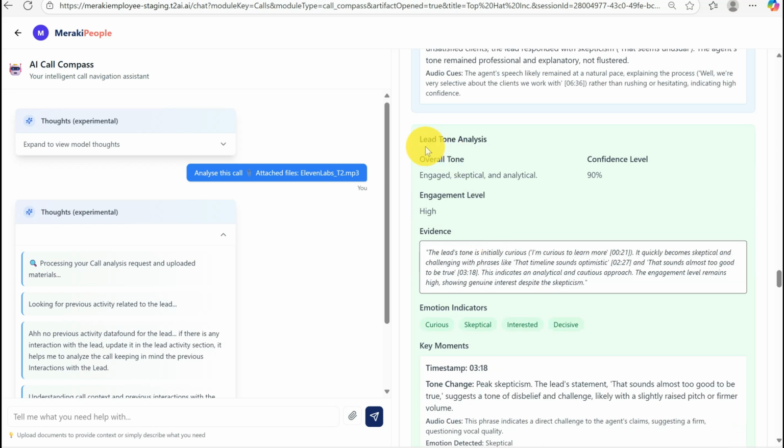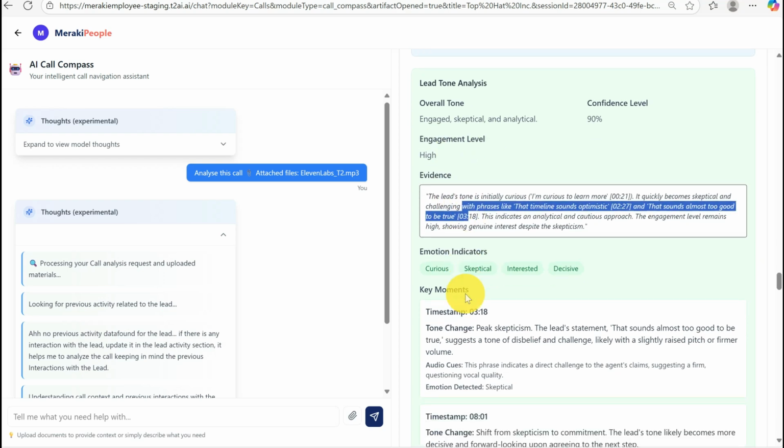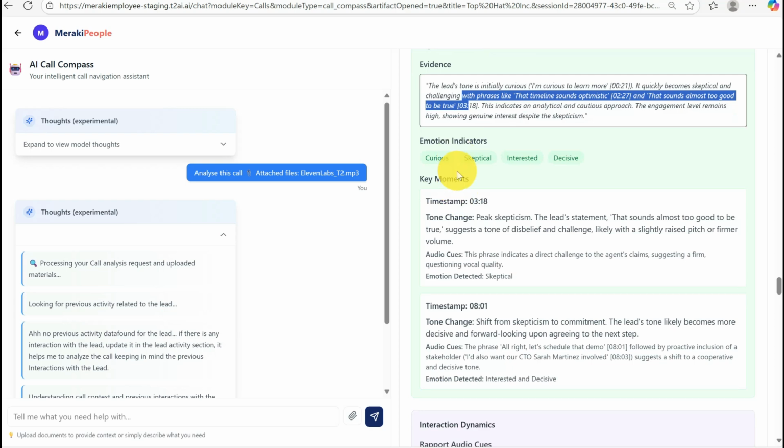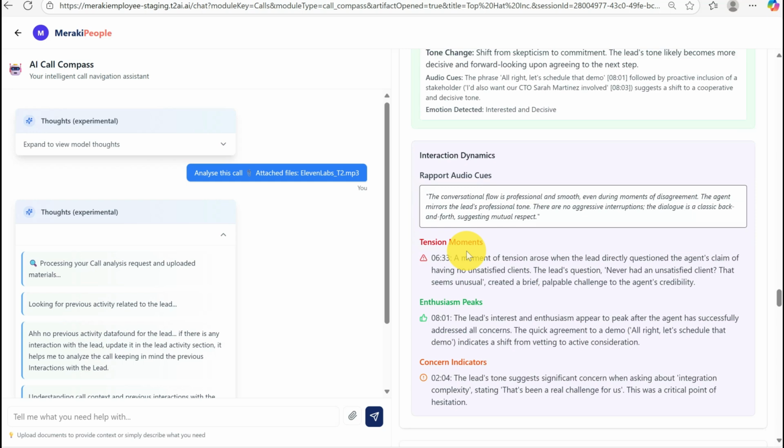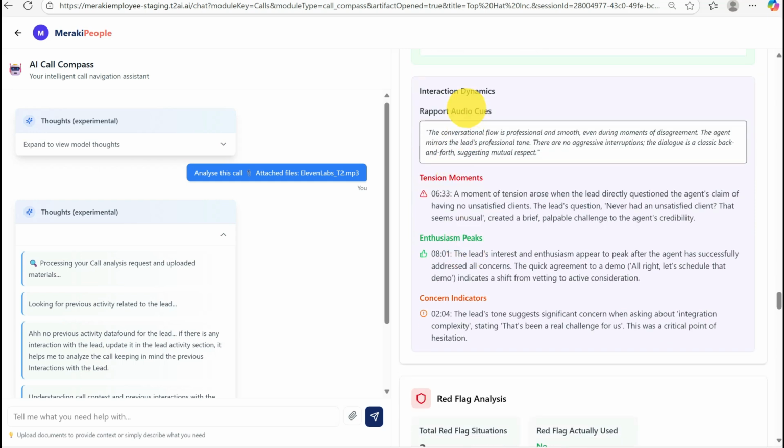Then we have another section which is specifically for lead tone analysis, right? If the engagement level is high, again, what is the evidence of that? If there are any emotional indicators, what are the key timestamps for that? Then there is another one which is again very important, which is the interaction dynamics, right? Were there any tension moments?